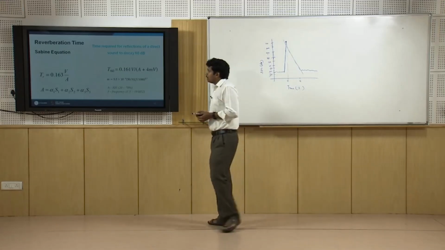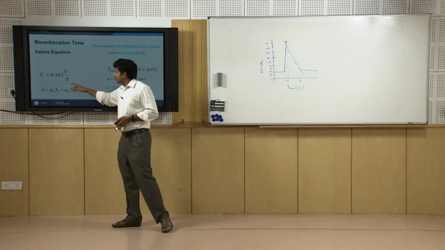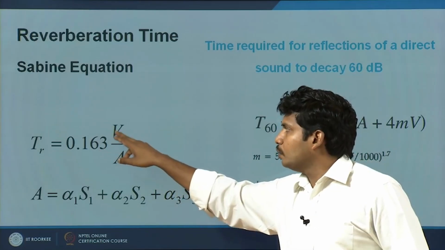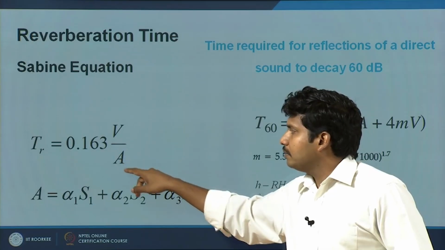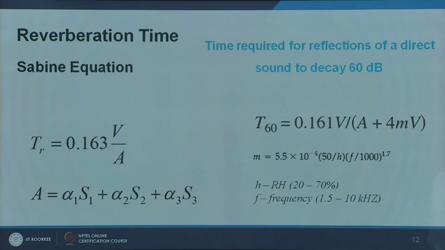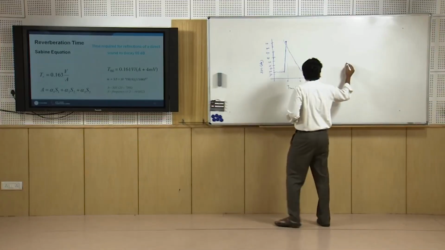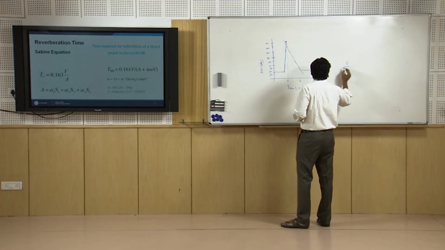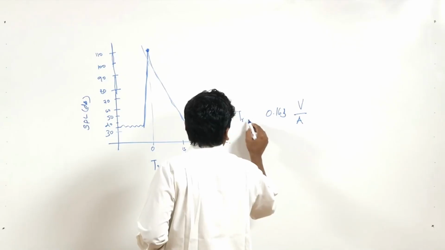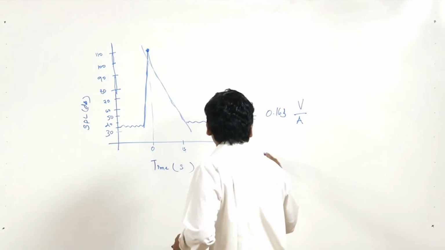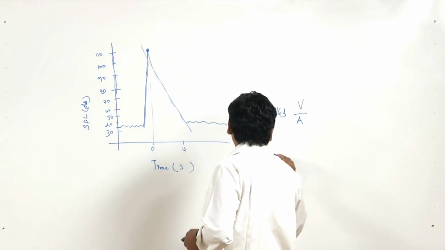The simple formula used here: reverberation time is a factor of the room volume, V is the room volume. In the denominator you have a factor called A, so V by A, and you have 0.161, or 0.163, marginal variation. T R is the reverberation time, and A is the acoustic absorption.